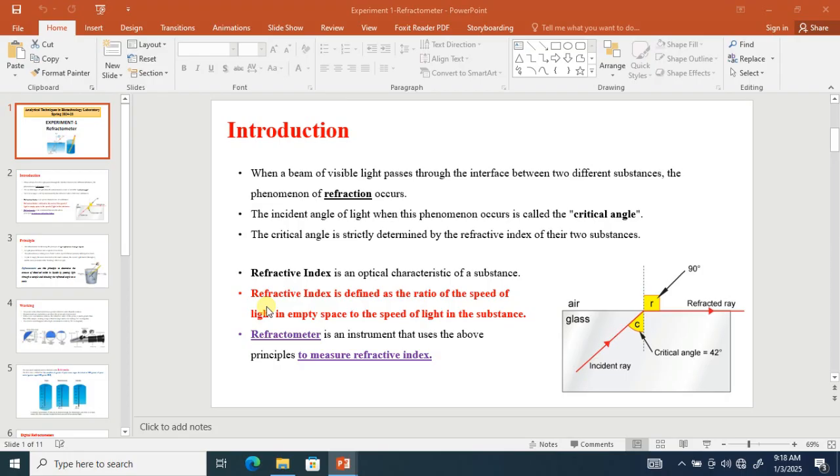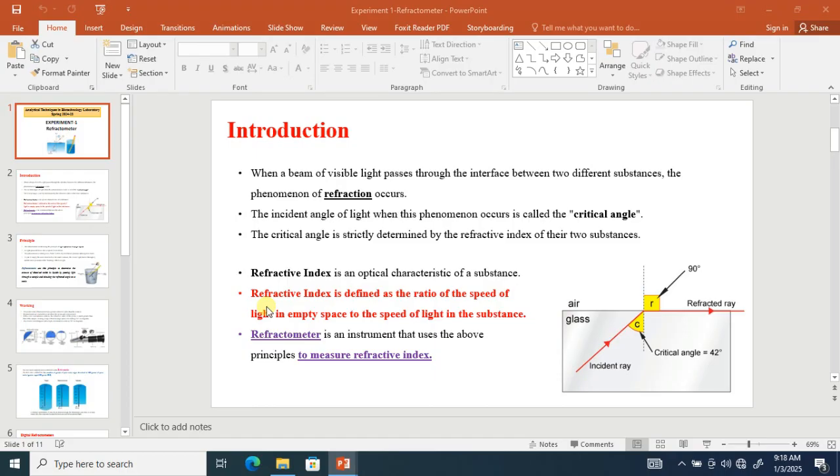Now, in order to characterize the optical properties of a particular medium, we use the term refractive index, or RI. So what is refractive index? In very simple terms, suppose a light is traversing from air to water. Air is your first medium, and water is the second medium.